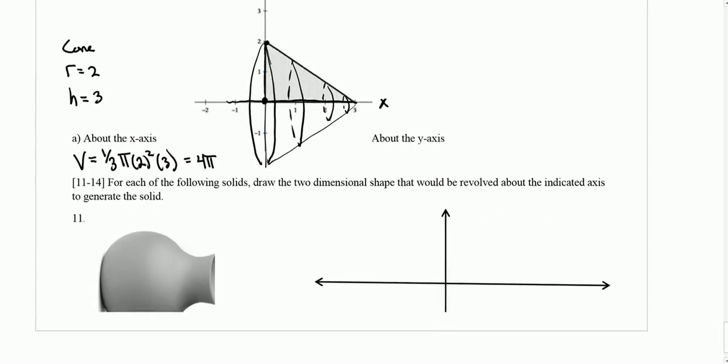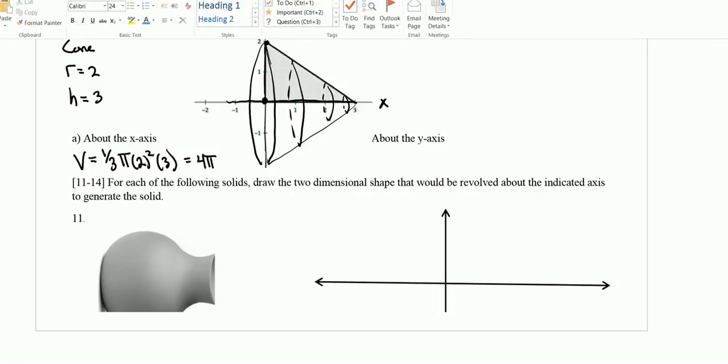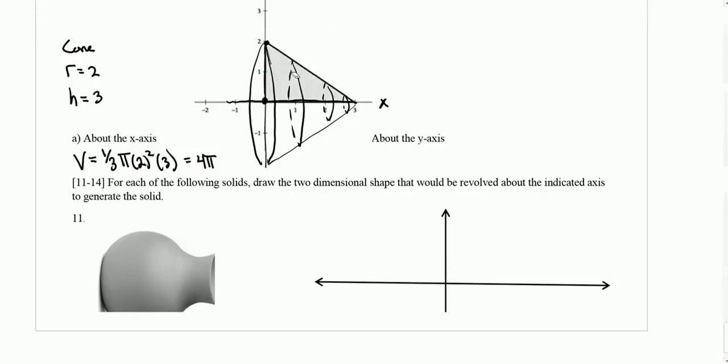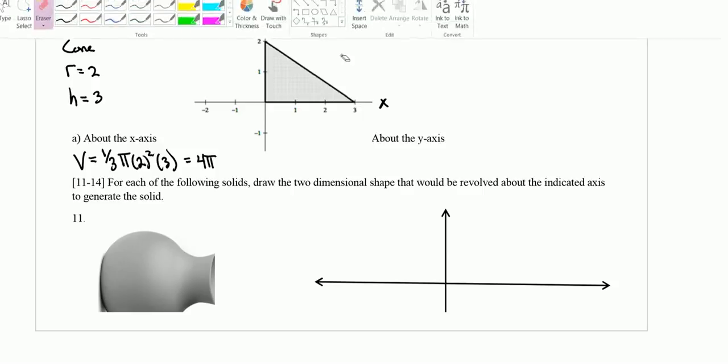Now let's take a look at what happens if we rotate this around the y-axis. So to demonstrate, I'm going to erase my picture here, and now it's hinged at the y-axis.